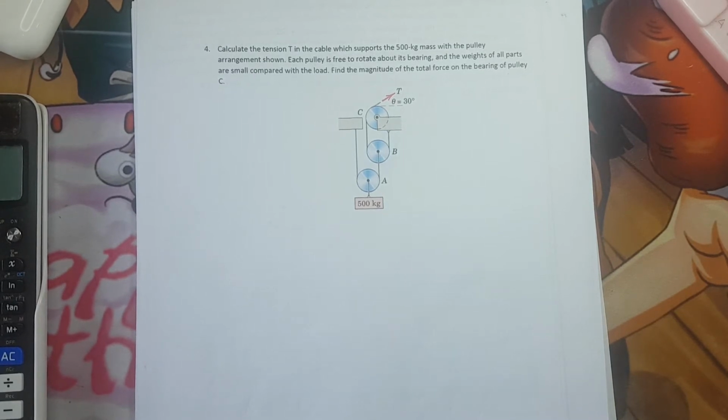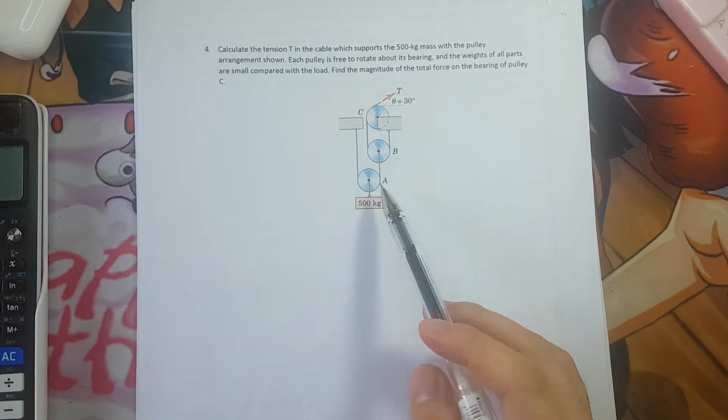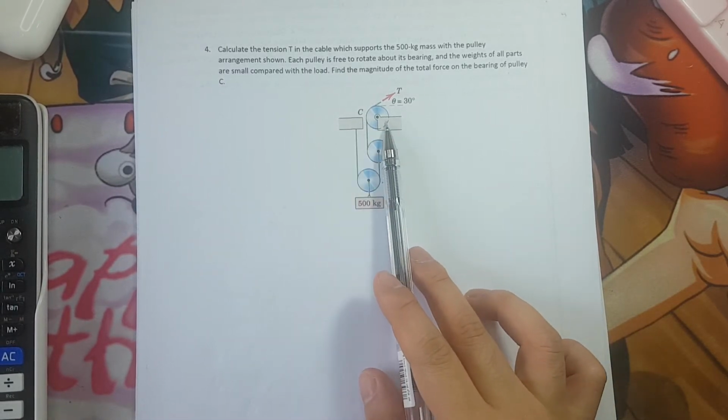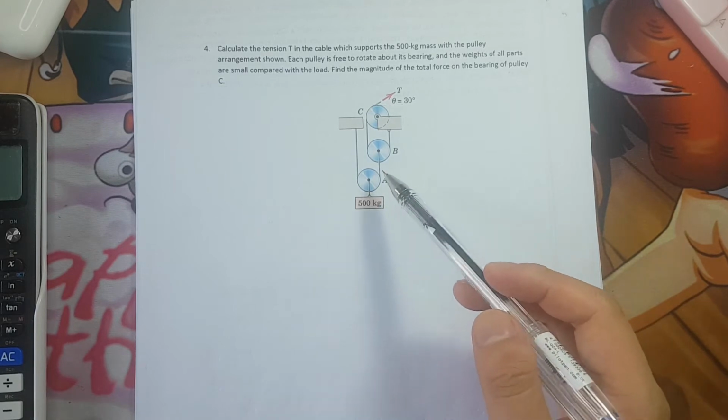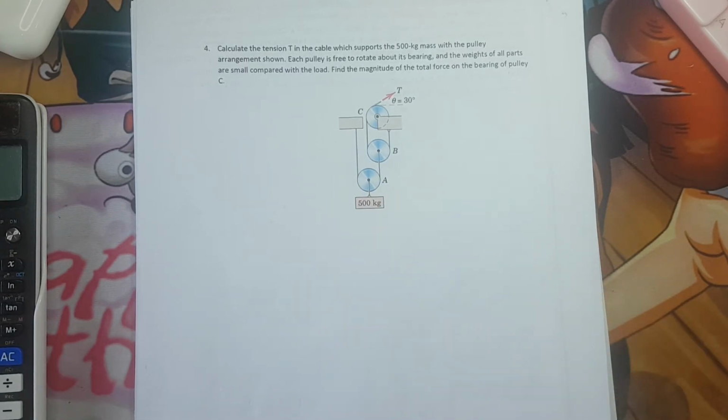Since there is no given coefficient of friction, we are to assume that all of these pulleys are frictionless. Okay, so we can now solve.